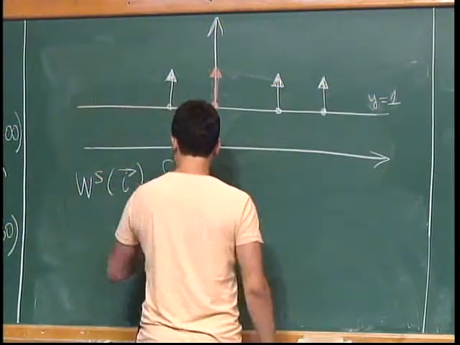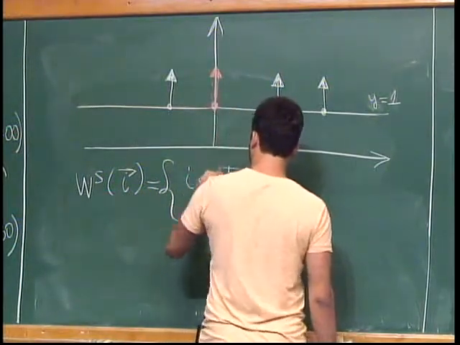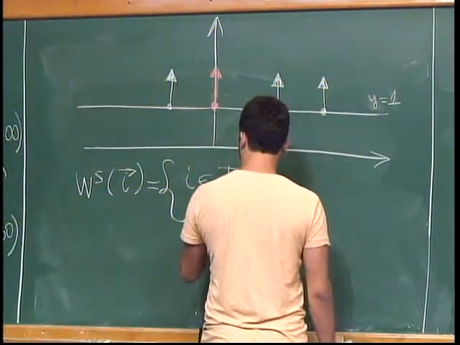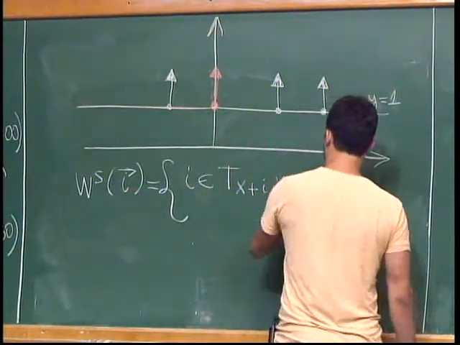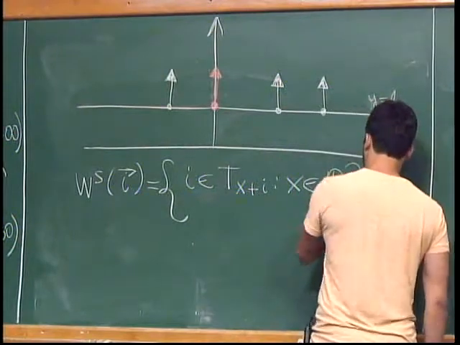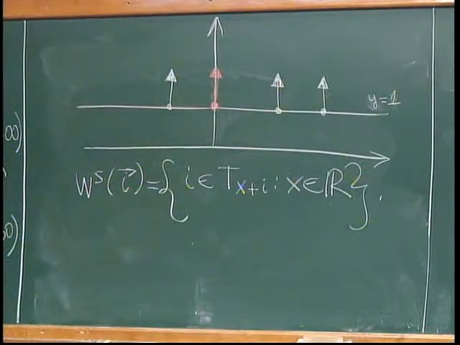So these guys here are all the vectors i belonging to T of x plus i, where x runs over the real numbers. Okay? So this is the stable set of this guy.